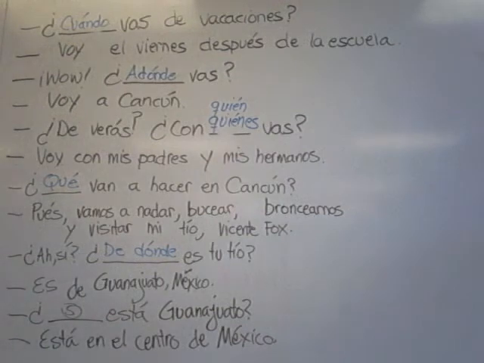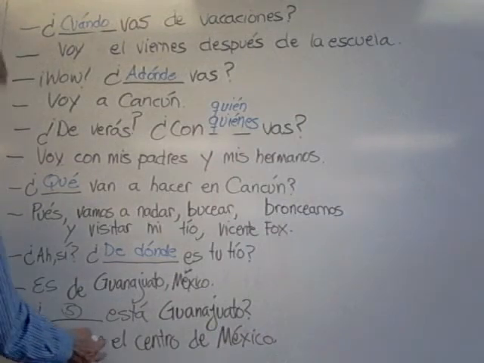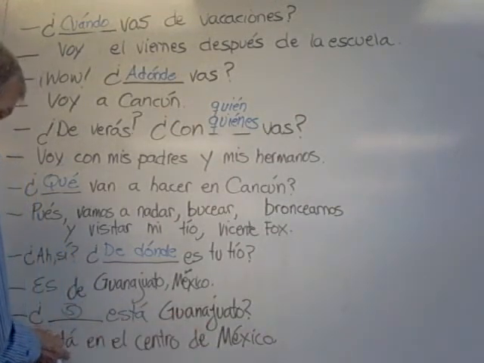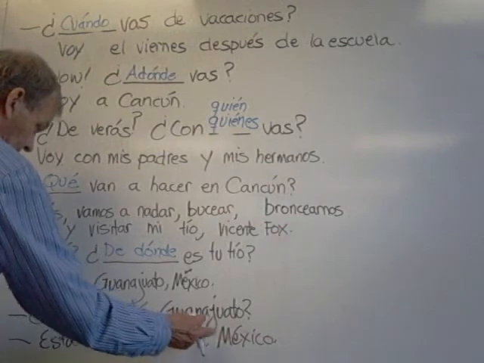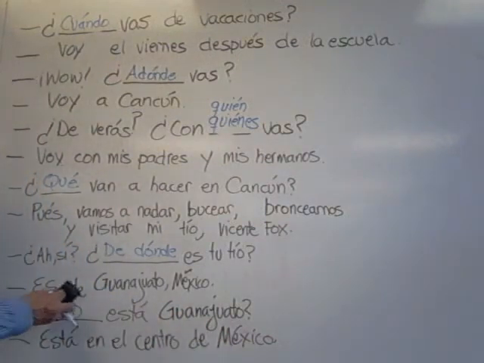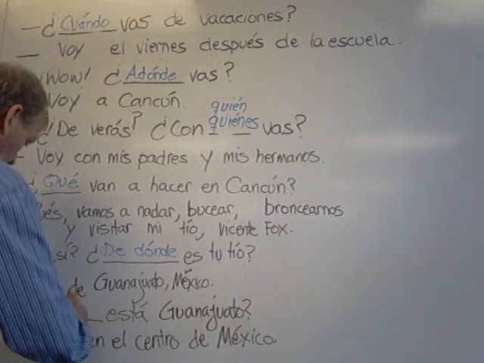And down here on number 5, it says, oh, está Guanajuato. Está en el centro de México. It's in the very center of Mexico. Oh, Guanajuato. He's asking where Guanajuato is. ¿Dónde está Guanajuato?